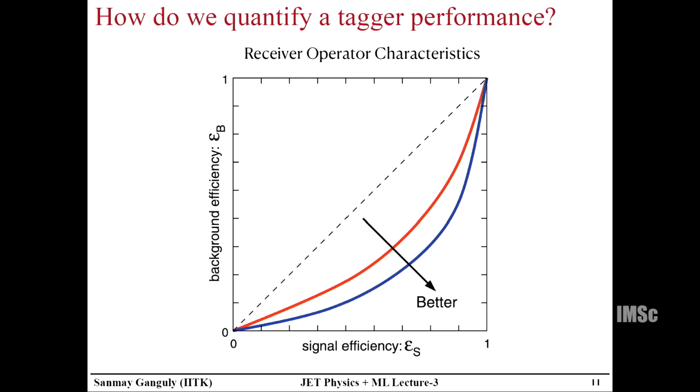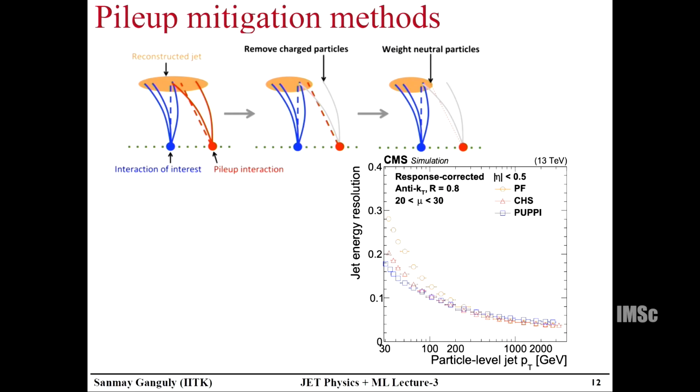So the better the tagger you make, the more you lie on a ROC curve going in this direction. If tagger 1 gives you the red ROC curve and tagger 2 gives you the blue one, you say tagger 2 is better, because for the same background efficiency you get better signal efficiency, right? So remember this picture, it's conceptually important.